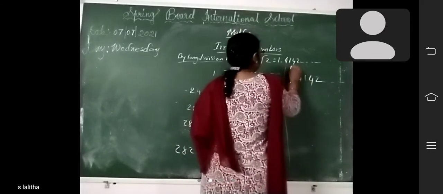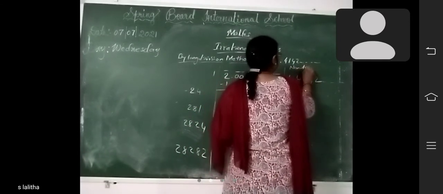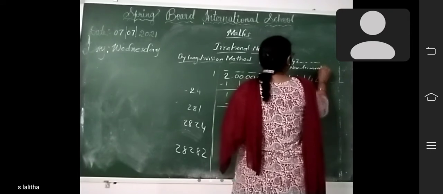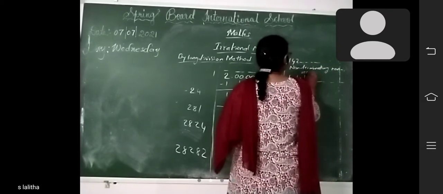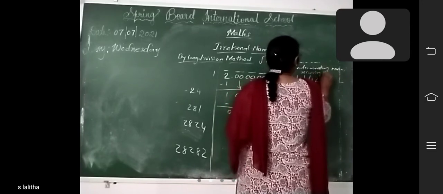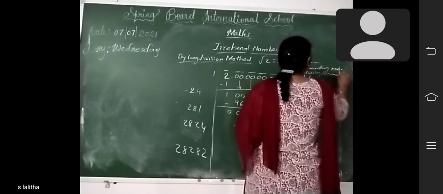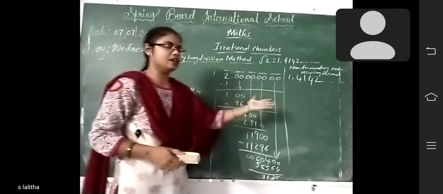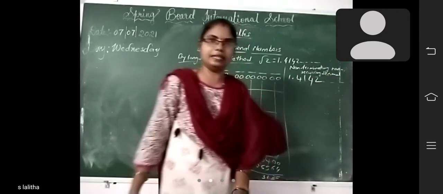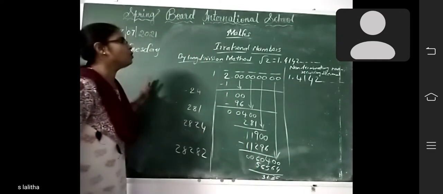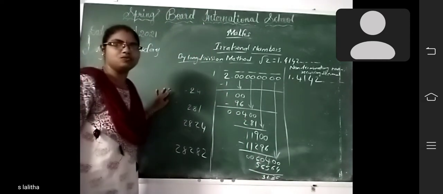It is called a non-terminating, non-recurring decimal. There is no end here. So that's why we call it a non-terminating, non-recurring decimal. So what does irrational number mean?